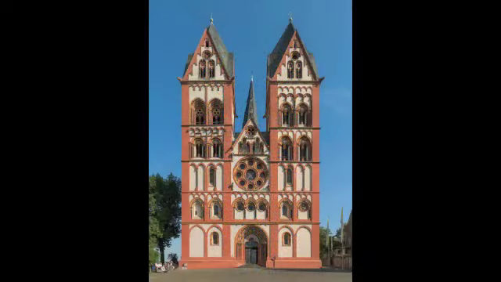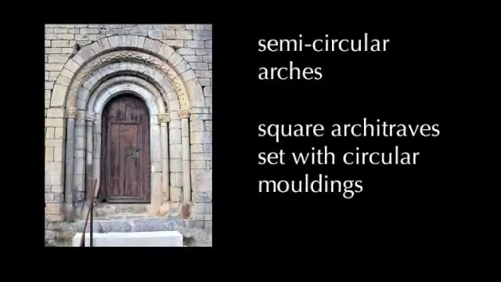I'll just list some of the important features of Romanesque architecture as a reminder. Firstly, arches are round-headed, whether they're in doorways, windows, or in the arcades of the nave, or decorating the front of a building. Mouldings are simple.